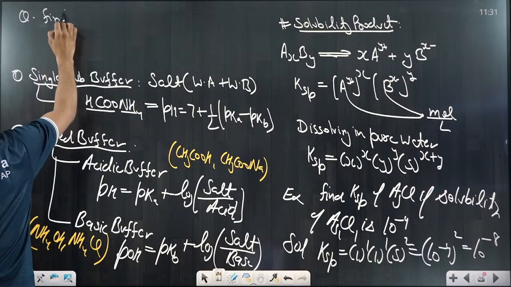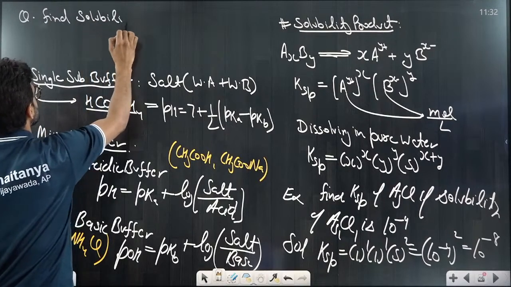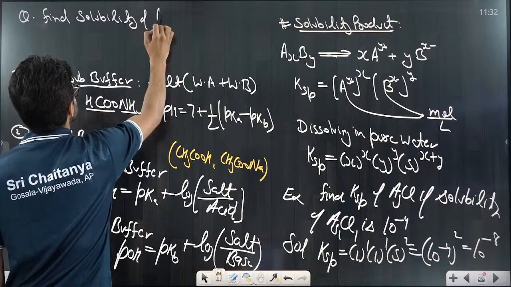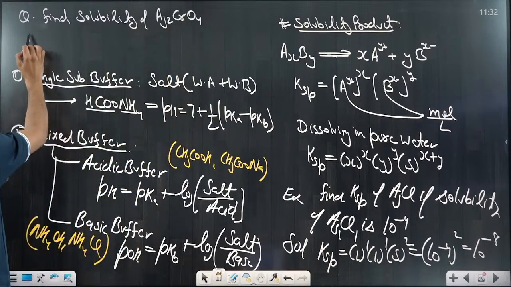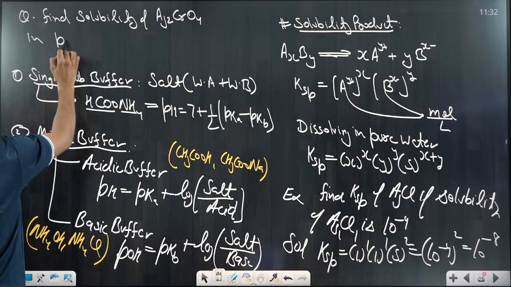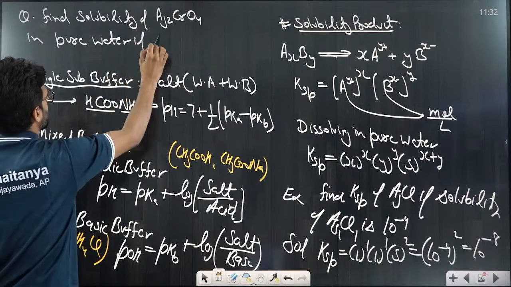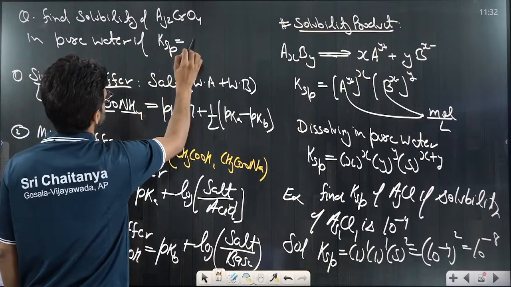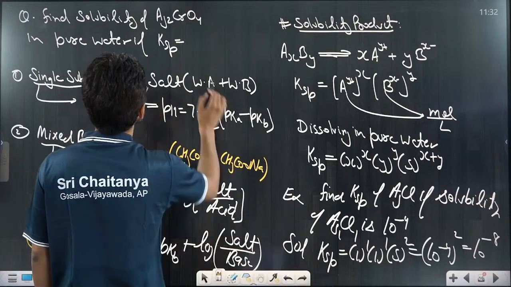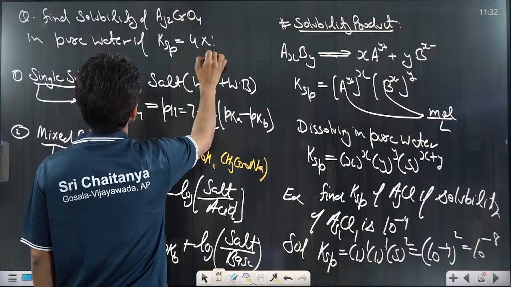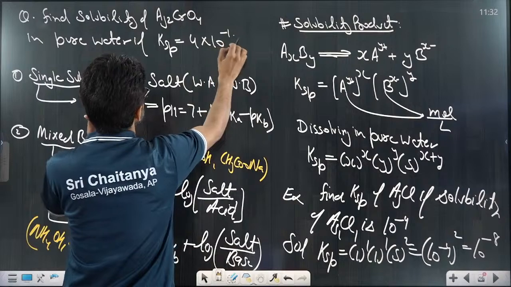Or one question I can say the reverse way. Find the solubility of Ag2CrO4 in pure water if Ksp is, just to make it a little easy, 4 times 10 to the power minus 12.